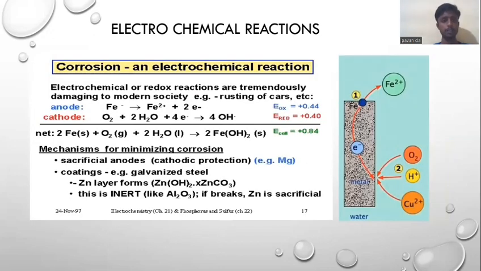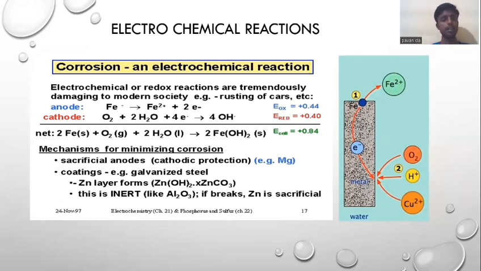Electrochemical reactions. Corrosion is an electrochemical reaction. Electrochemical or redox reactions are tremendously damaging to modern society, for example the rusting of cars, taps and many iron metals.